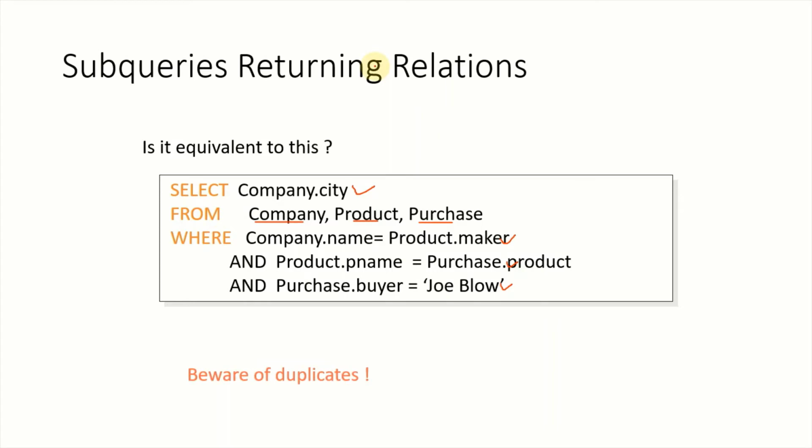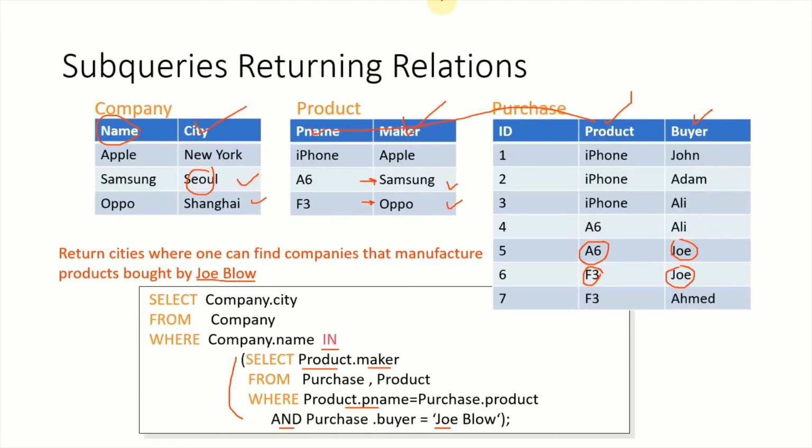But remember one thing, while using this query or the previous one, we may get some duplicated values. For example, suppose here we have Samsung instead of Oppo for F3. Let's say F3 is a model or a product by Samsung.